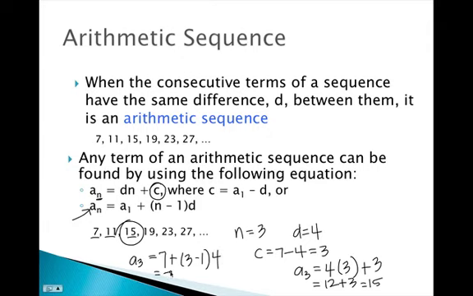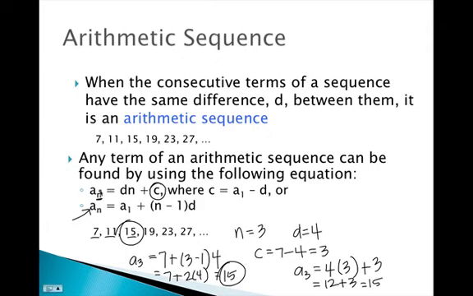So this gives us 7 plus 2 times 4, which is 8. So 7 plus 8 is 15. And again, it gave us our third term value because we were looking for the third term.